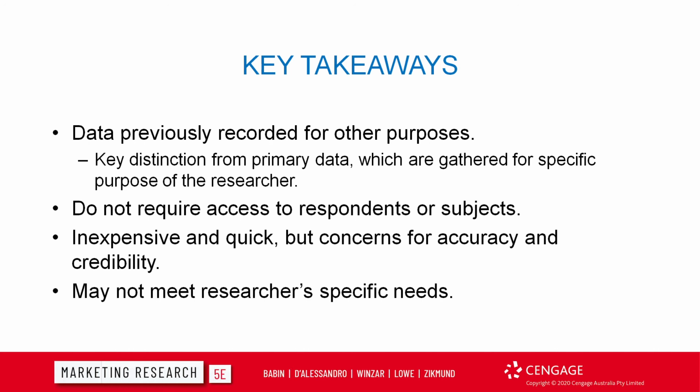The secondary data itself is inexpensive and quick, but there might be concerns for accuracy and credibility, and it may not meet the researcher's specific needs because it has been collected for another research study and design.